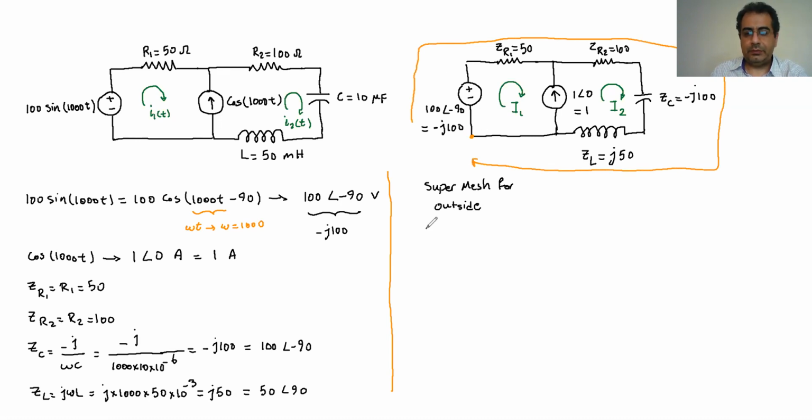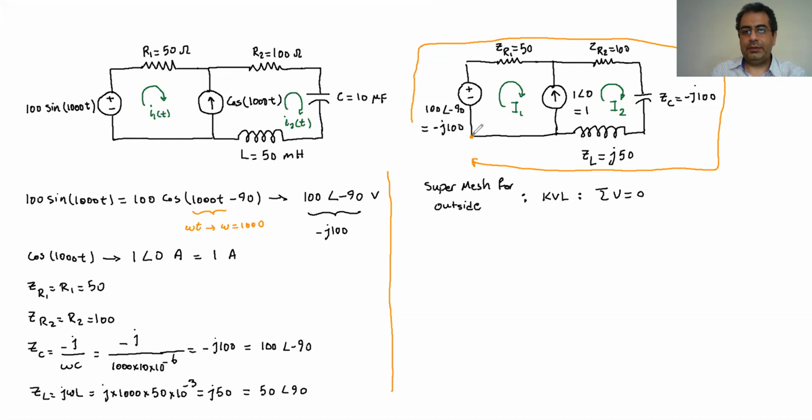So I know that for the supermesh, basically what I'm going to do is the KVL at this point. If I write the KVL for the supermesh, then the sigma V for that supermesh should be 0.